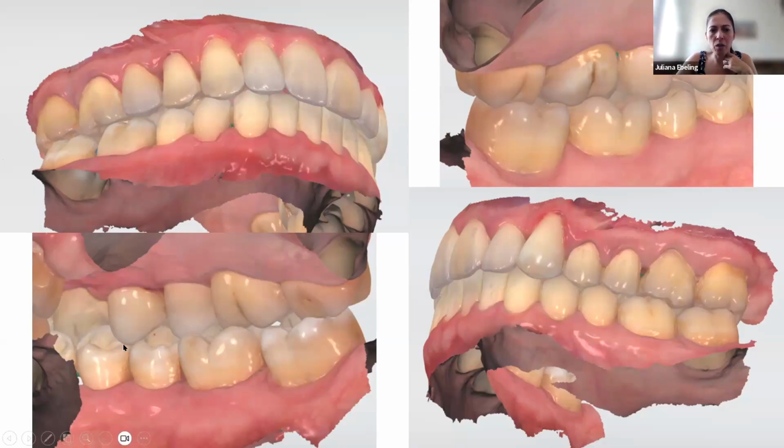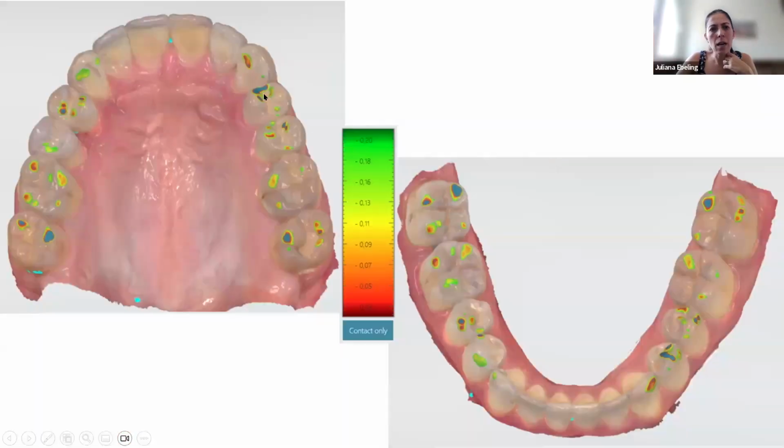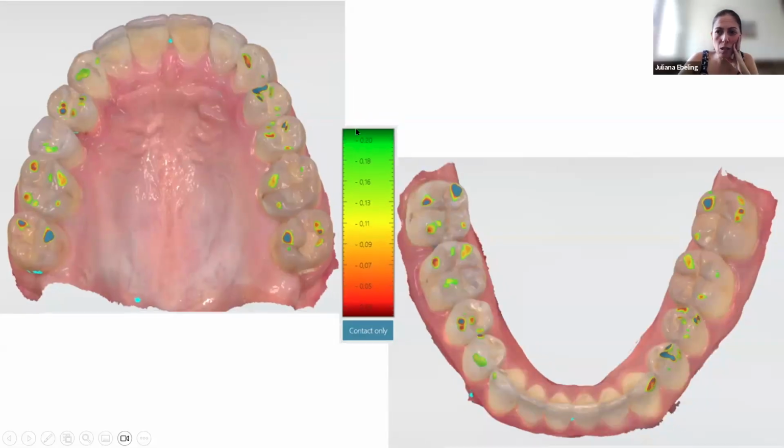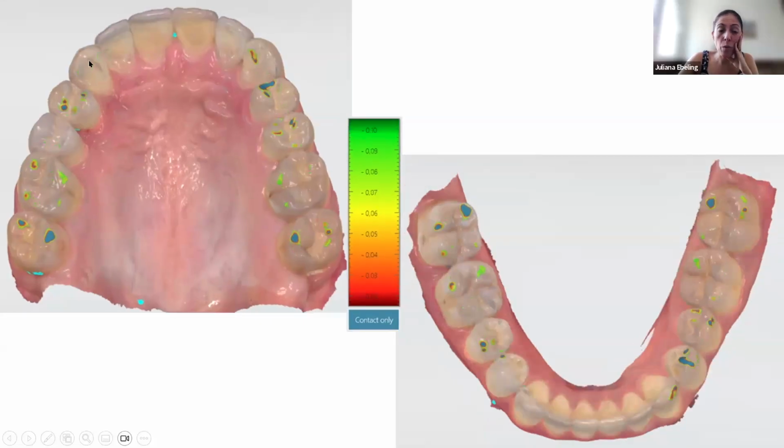Look, a very good relationship between the cuspids, and these are the contacts distribution. And when you look here, you say, oh, this is 200 microns, and this is 100 microns. And when you look, you say, oh, maybe it's not as good as I expected.